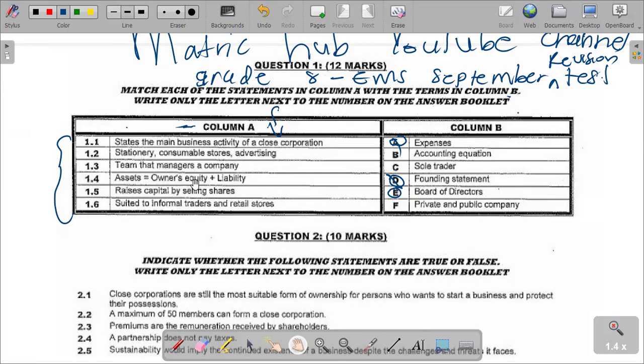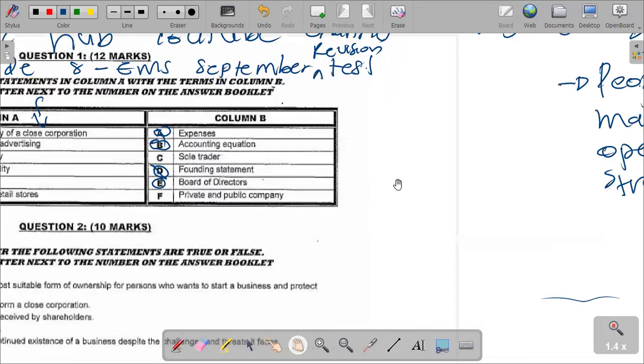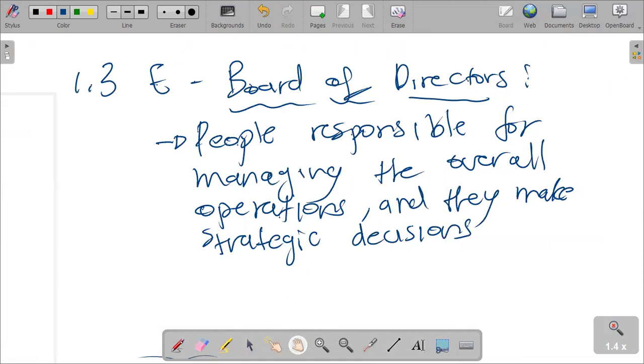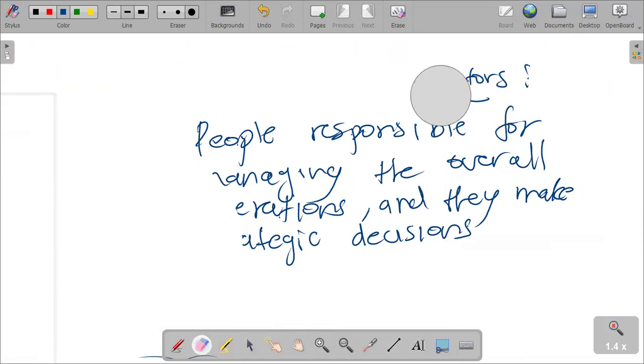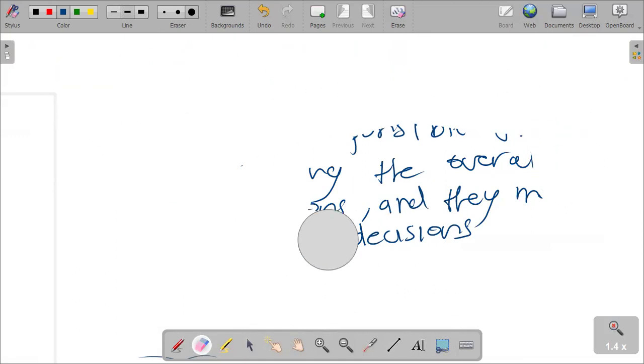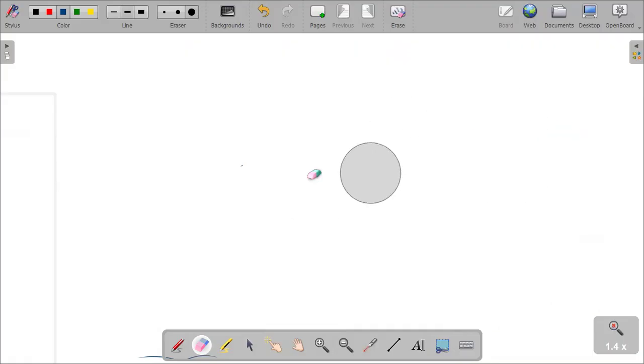Assets is equal to owner's equity plus liability. So 1.4 will be B.